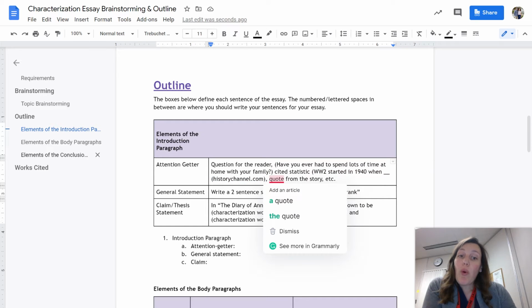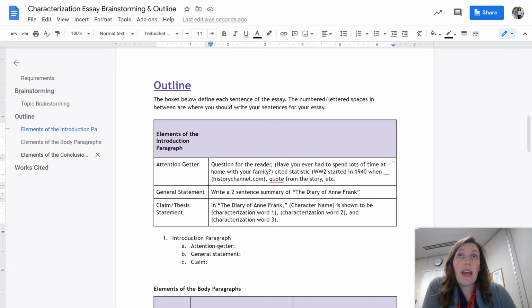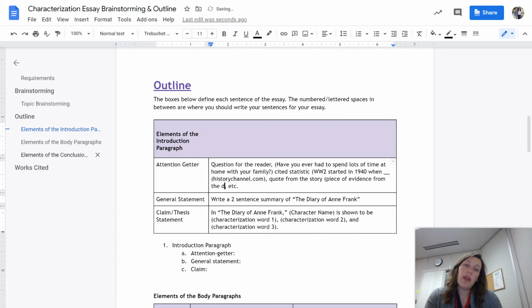Another option would be a quote from the story. So you could go look at the play and find a quote that you like. You could also use a quote, a piece of evidence from the play that you aren't using in your body paragraphs.